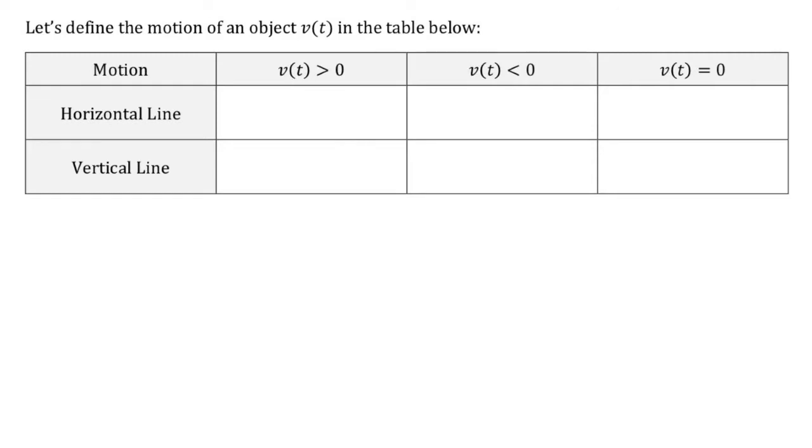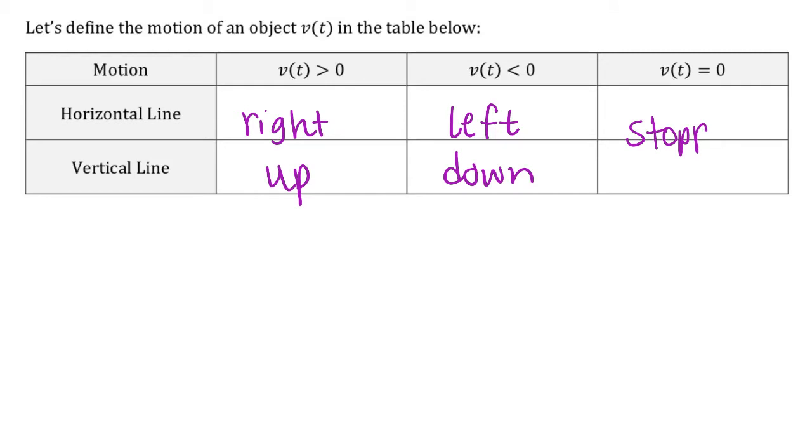With our velocity on a horizontal line, if our velocity is positive, then we are either moving right or we are moving up, whereas if velocity is negative, we would be moving left or we're moving downward. And if velocity is zero, then that tells us in both cases that the particle is stopped.